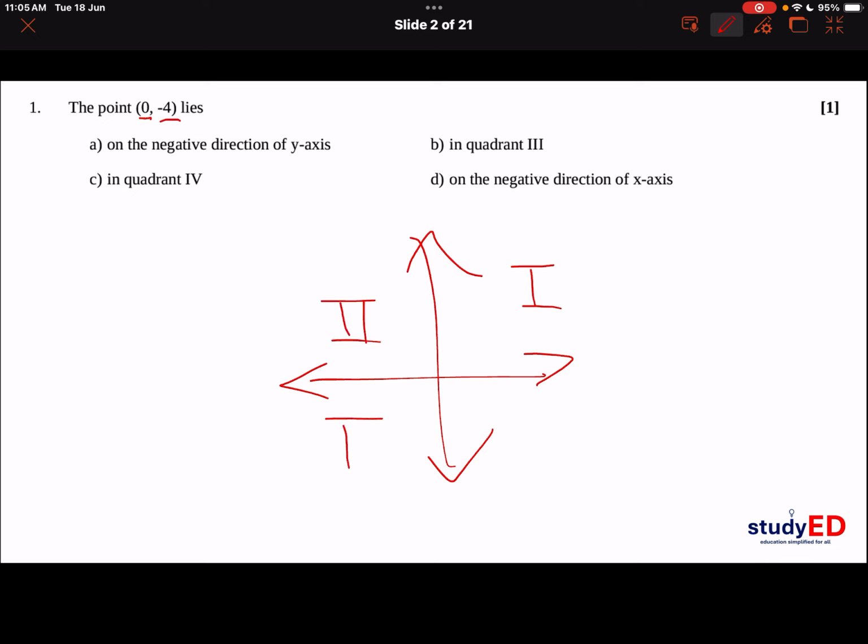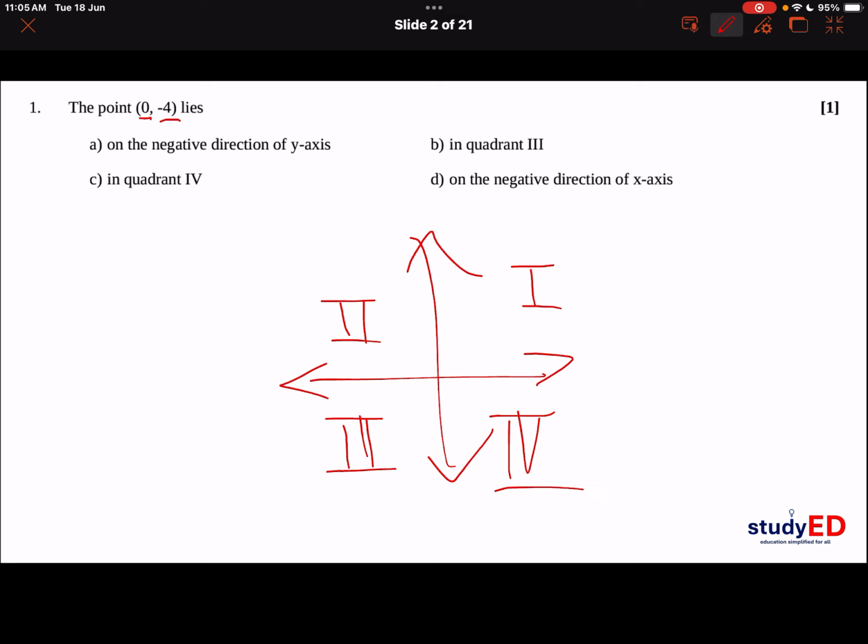First question. Point (0, -4) lies in. So 0 is the abscissa, minus 4 is the ordinate. Let's draw a Cartesian plane, and we must know our quadrants, right? Quadrant 1, quadrant 2, quadrant 3, quadrant 4.